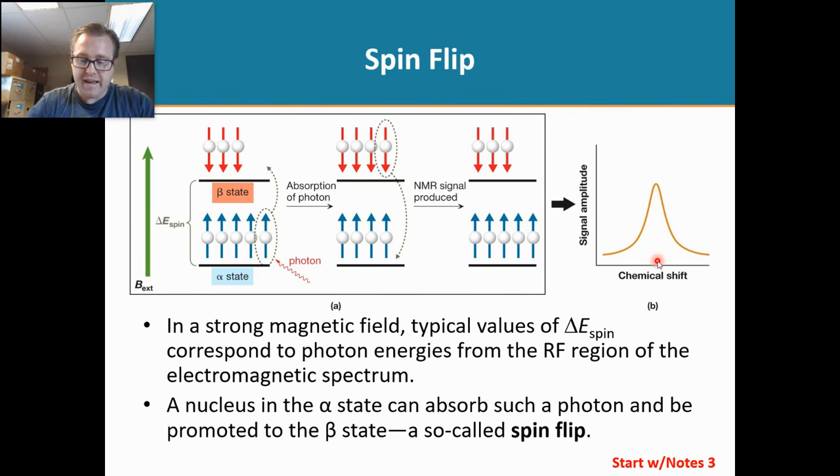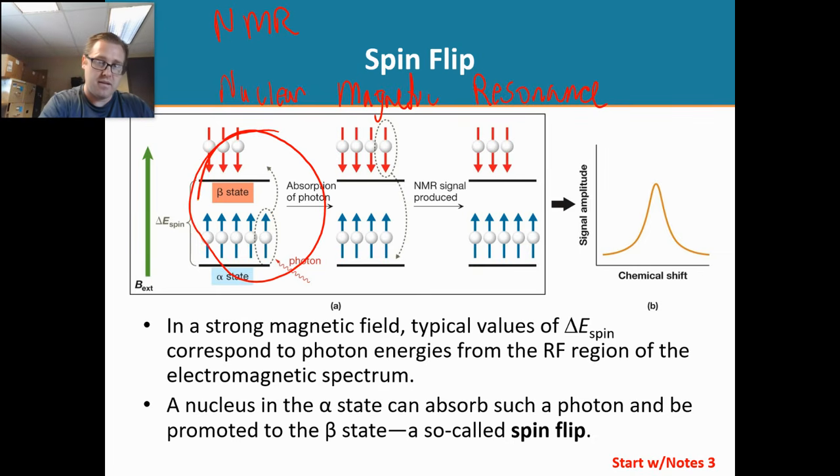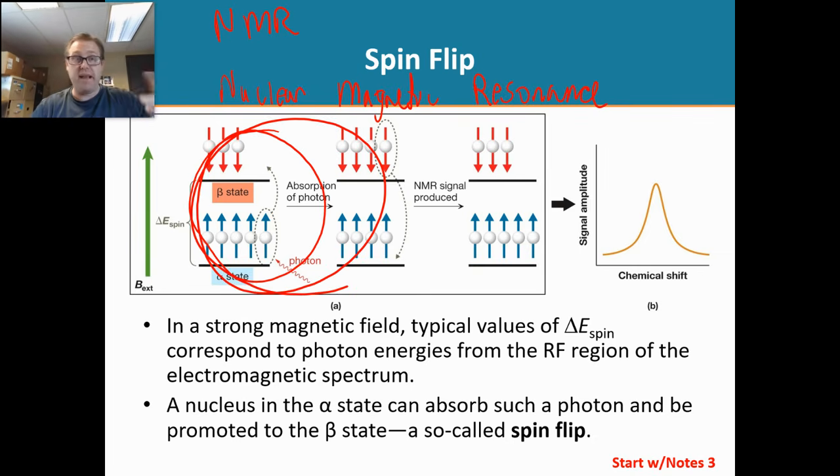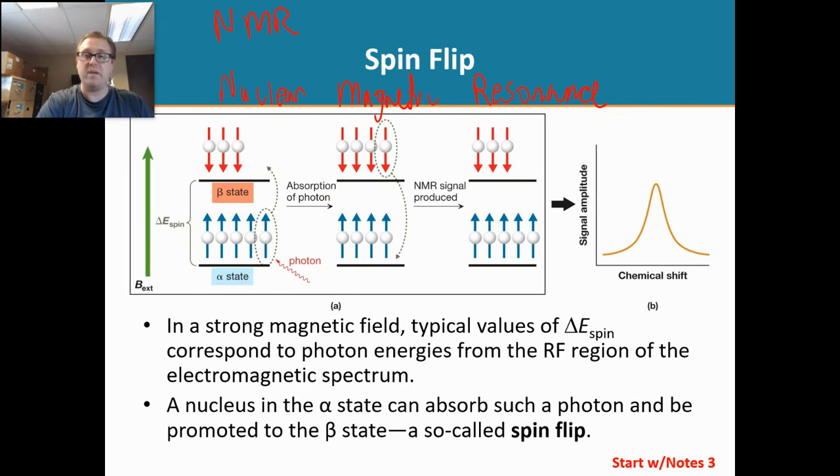So when we go back and look at what NMR stands for, it stands for nuclear magnetic resonance. So that process of spin flipping right here, when we spin flip a nucleus, what's happening?